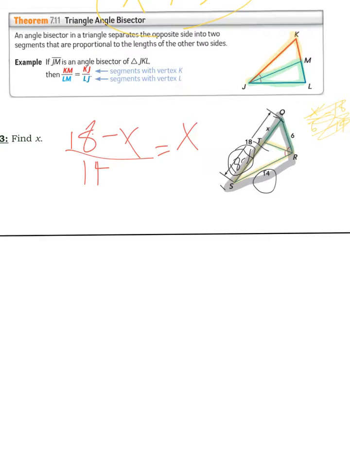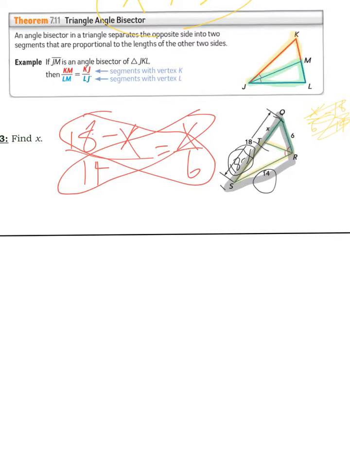So I'm going to go x over 6. Or you could think that the top side over the bottom side equals the top side over the bottom side. And it's the same process now. We're going to cross multiply and divide, only we have a little bit of extra steps to do. If I have an expression like 18 minus x times 6, we're going to have to distribute.